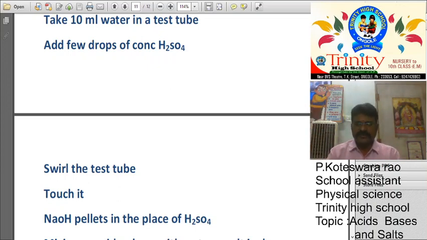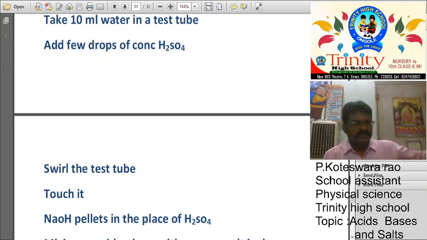Okay, now we want to come to our point. If you touch that test tube, how do you feel? It is concentrated, so heat must be evolved. Heat evolved means what type of reaction is it? Exothermic reaction. So in your examination, what will we expect?